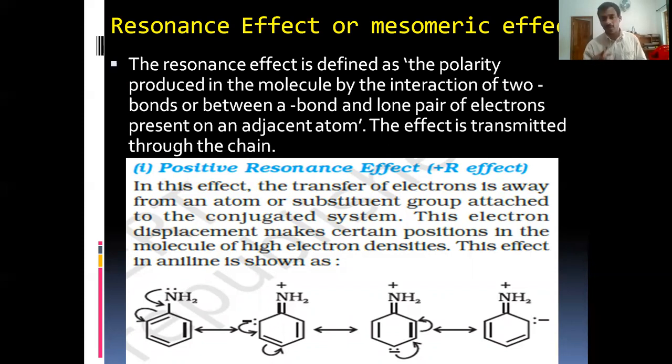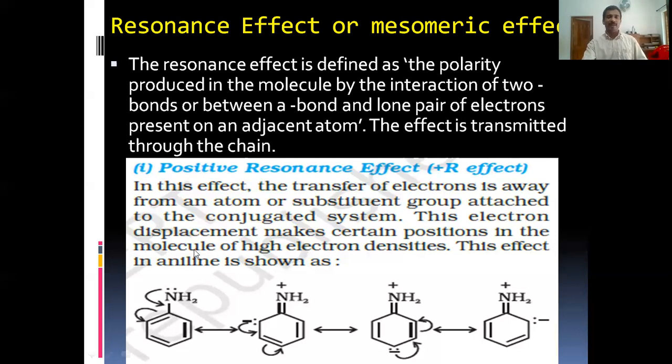Here also there are two types of resonance effect: positive resonance effect and negative resonance effect. Positive resonance effect is represented as plus R effect, and negative resonance effect as minus R effect. In this effect, the transfer of electrons is away from an atom or substituent group attached to the conjugated system.